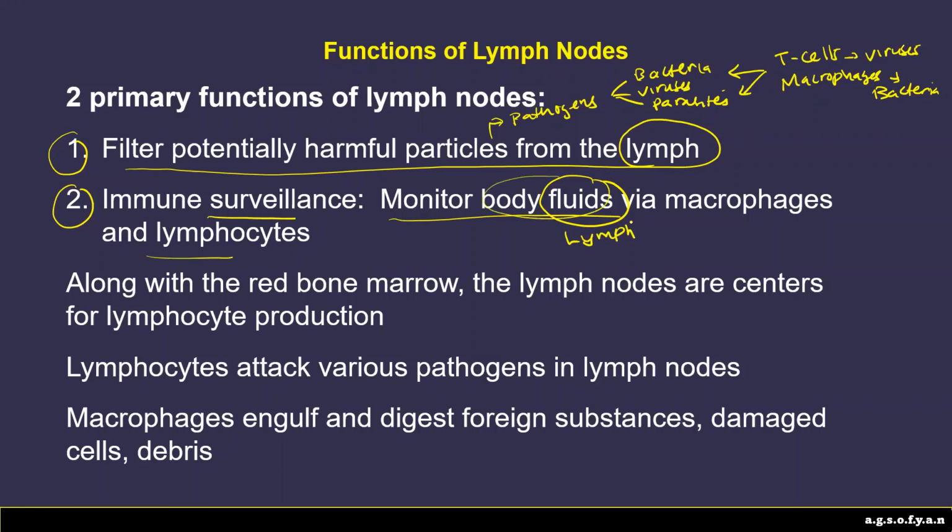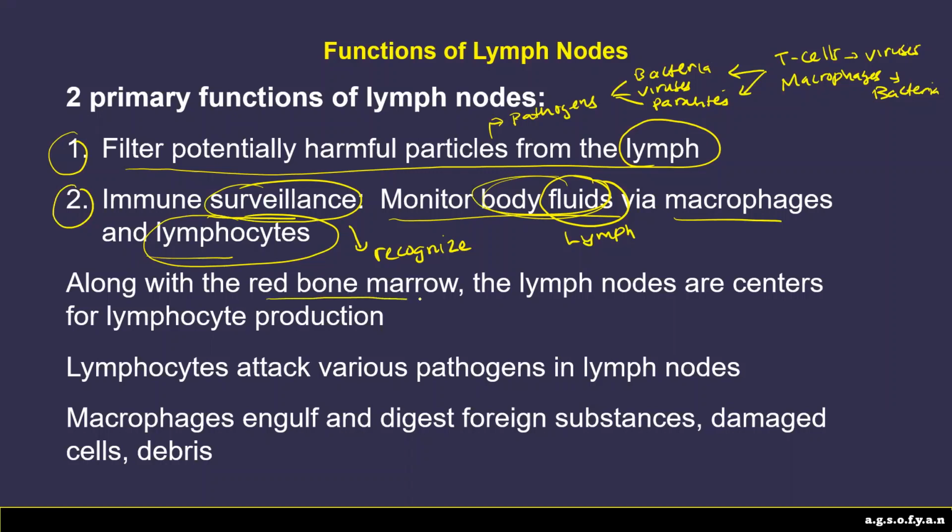So lymph coming from an area that has a problem will be recognized by the macrophages and lymphocytes in the lymphatic system. This is for surveillance, to survey and recognize problems that may be happening in our body fluid.